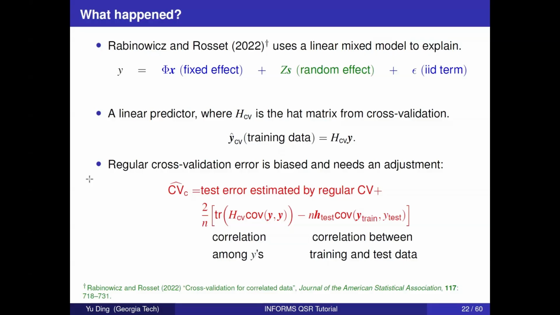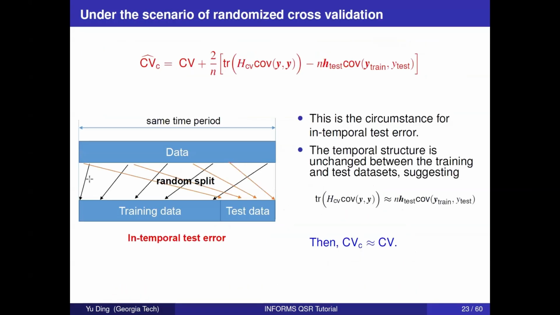The extra term looks pretty complicated, but really they have two additional terms. The first term is the correlation among Y, and the second term is the correlation between the training and test data. That's how it makes the difference, right? Because if you think about it, for the in-temporal test error part, the training and the testing data are still in the neighborhood, so they have correlation, and that correlation more or less is the same as the correlation of Y itself.